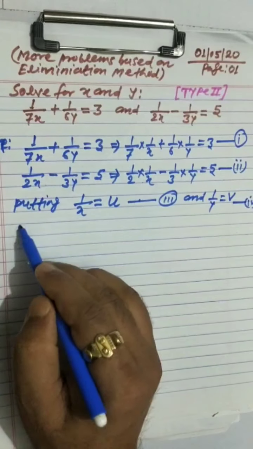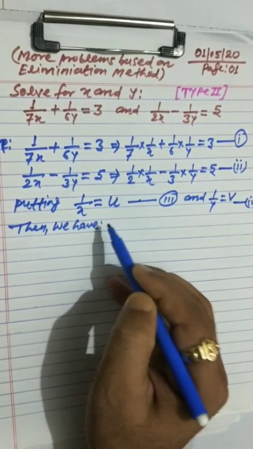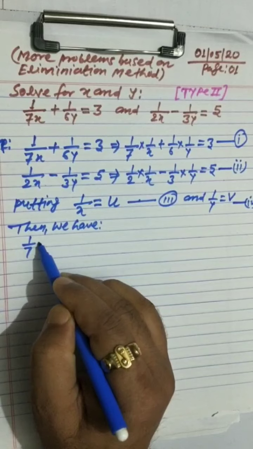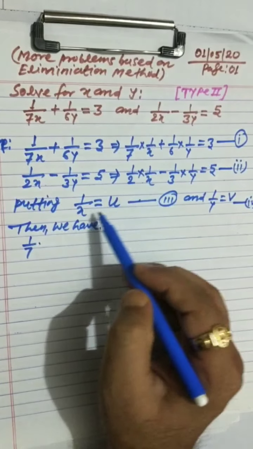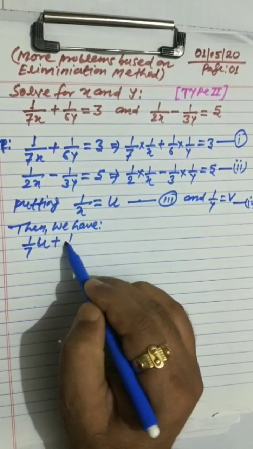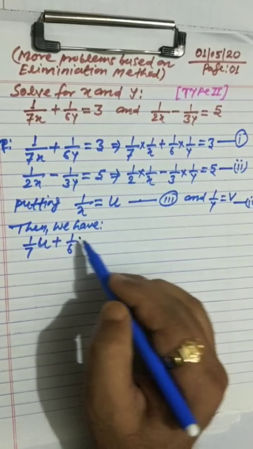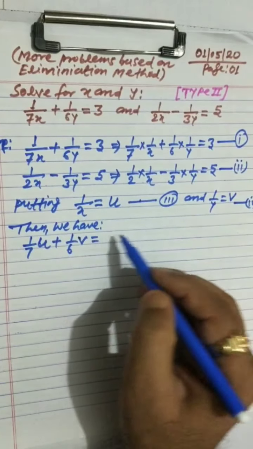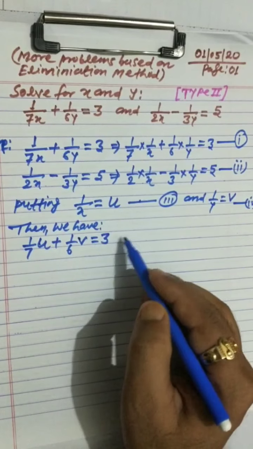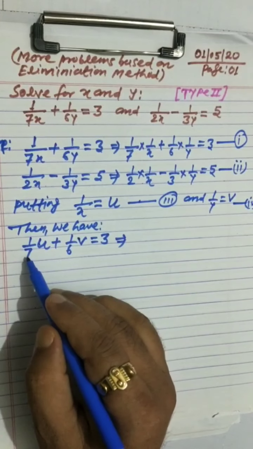Now then your equation will be 1 by 7, and at the place of 1 by x we have to put u, plus 1 by 6, at the place of 1 by y you have to put v, is equal to 3. And it can also be simplified by taking the LCM of 7 and 6.